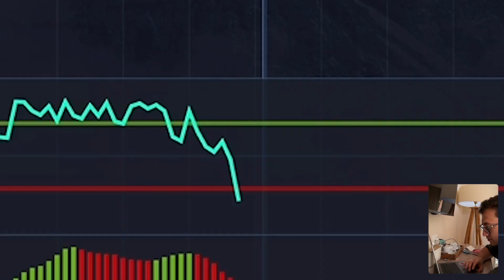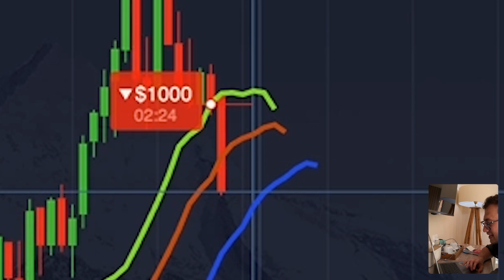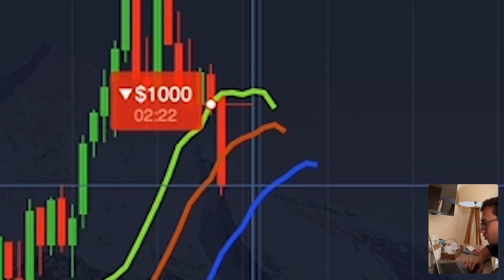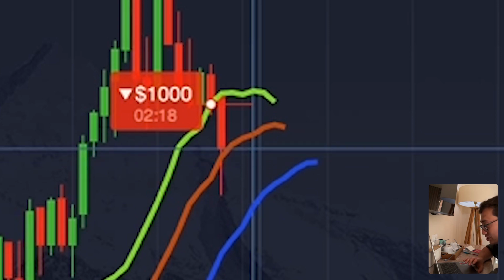We just see that the Williams shows us a downward movement on its lines, and it's very cool. And the Awesome Accelerator shows us a downward motion in the red candles, and we can see, guys, that the movement is just a reversal, guys, it's just a reversal.